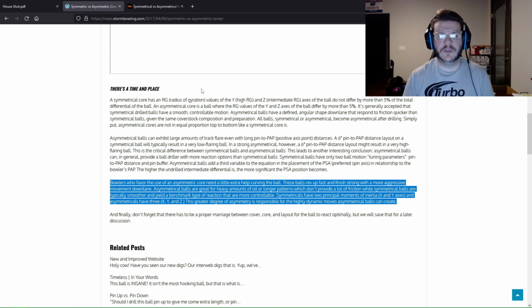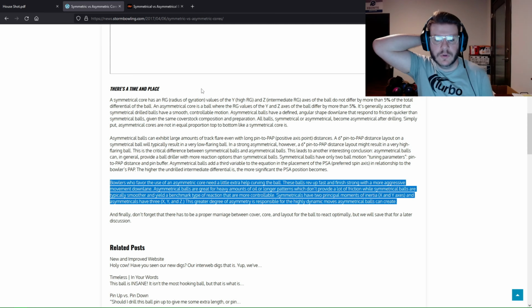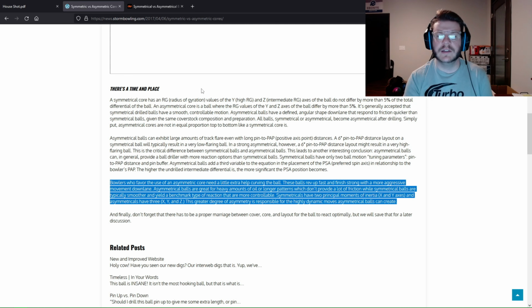Asymmetrical balls are great for heavy amounts of oil or longer patterns which don't provide a lot of friction, while symmetrical balls are typically smoother and yield a benchmark type of reaction that are more controllable. Symmetricals have 2 principal moments of inertia, x and y axes, and asymmetricals have 3, x, y, and z. This greater degree of asymmetry is responsible for the highly dynamic moves asymmetrical balls can create.